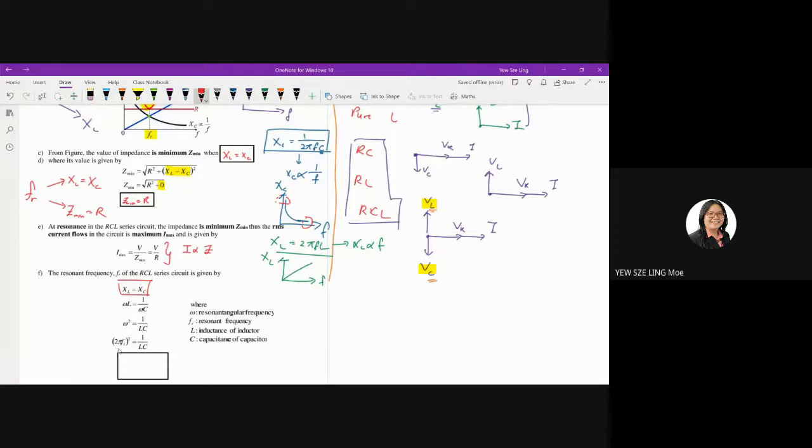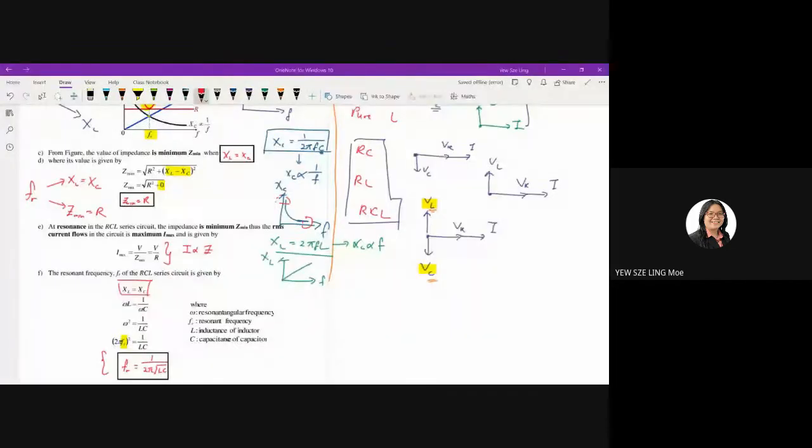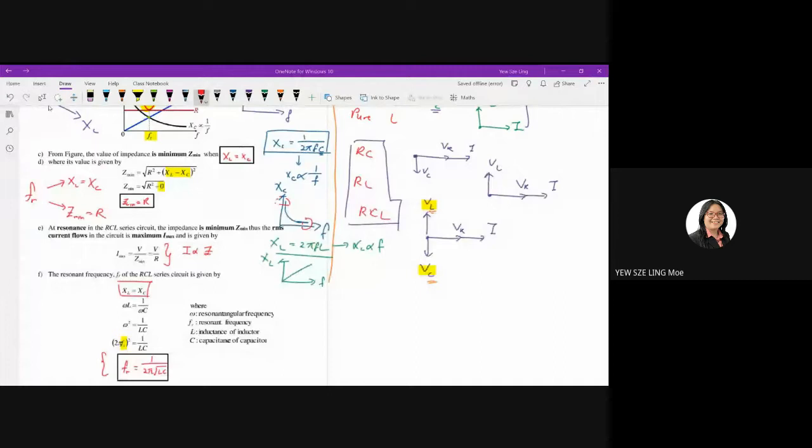Omega is equal to 2 pi F, but now this frequency we call the resonant frequency. So when you rearrange the equation, the resonant frequency is equal to 1 over 2 pi square root of LC. So this is the equation that can be used to calculate the resonant frequency.